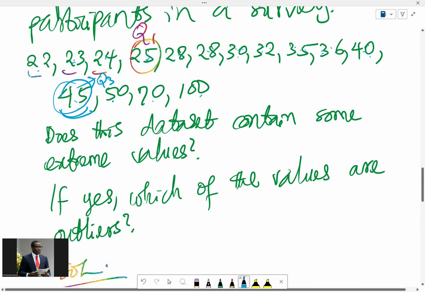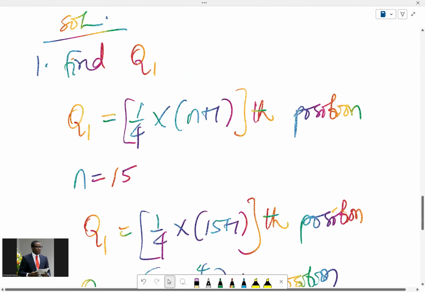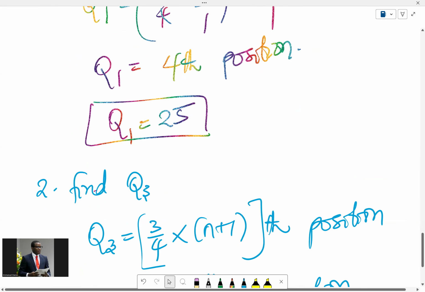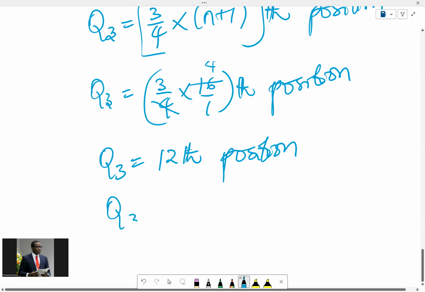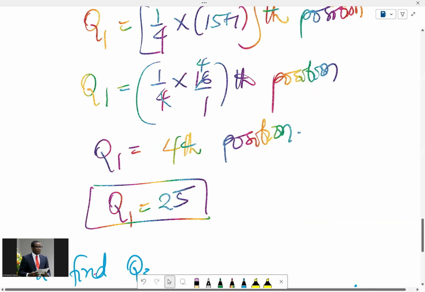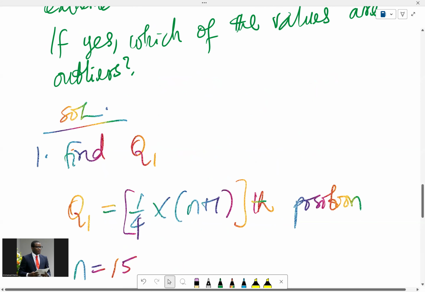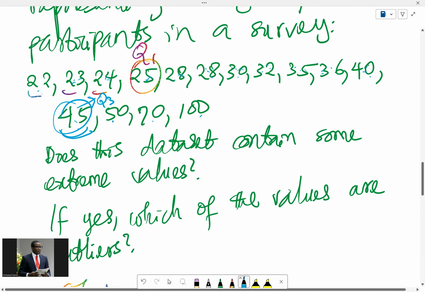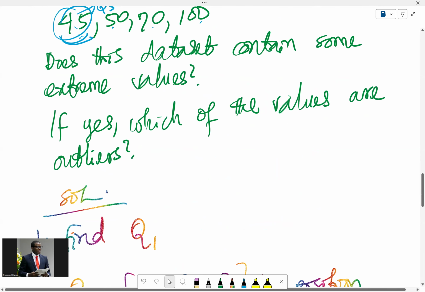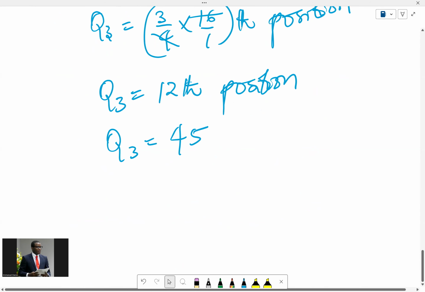Yes, the number in the 12th position is actually 45. Then 13, 14, 15 follow. So the number in the 12th position is 45. All right, so that's Q3.